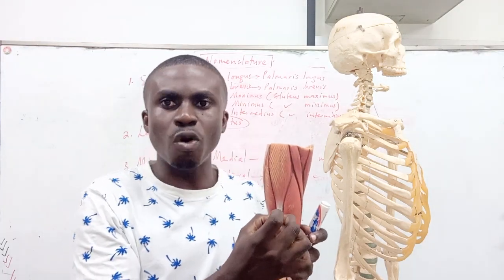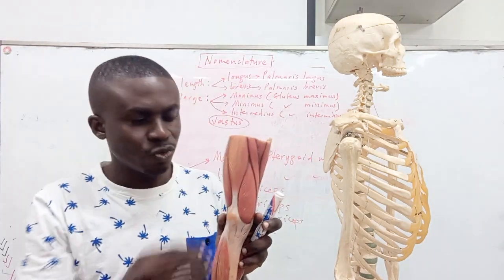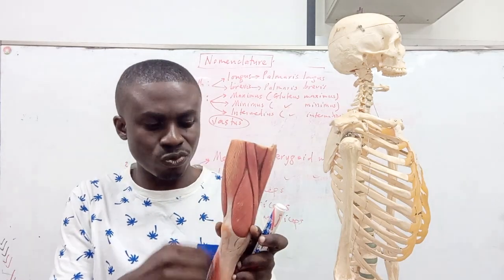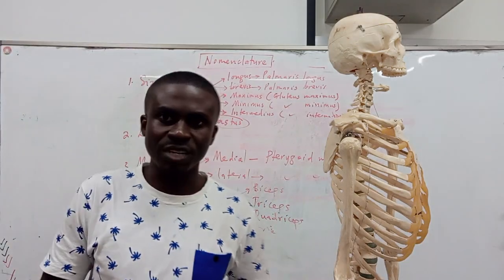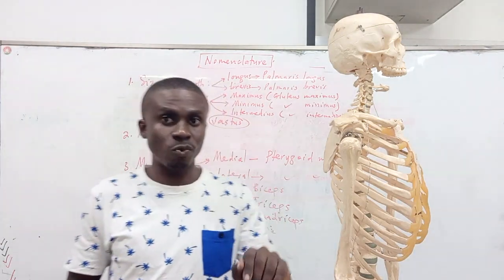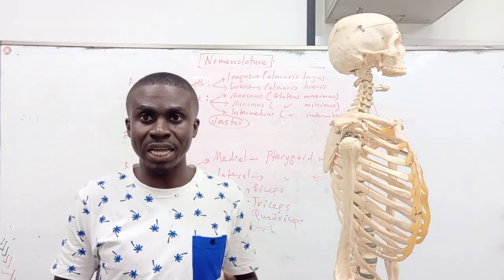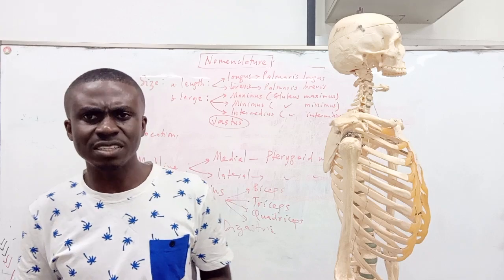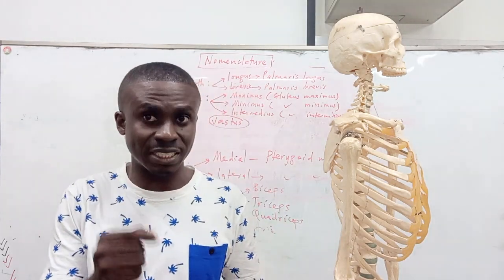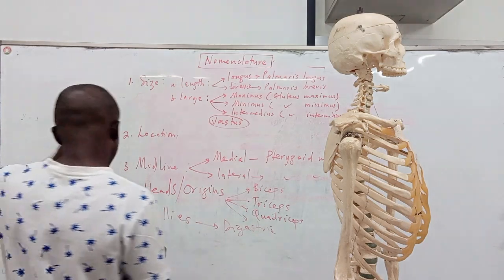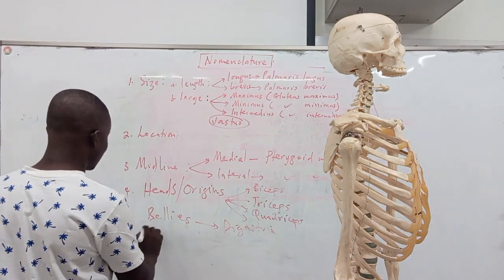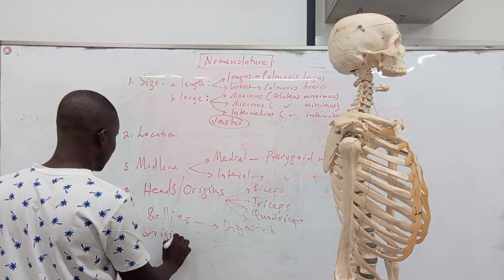All four have a common tendon, the quadriceps tendon, to exert the mechanical force through the patellar tendon to the tibial tuberosity. Okay, so that is one thing that we want to be aware of. We can also name these things based on number of bellies. And we can even name based on attachments. By attachment, I'm talking about origin and insertion.